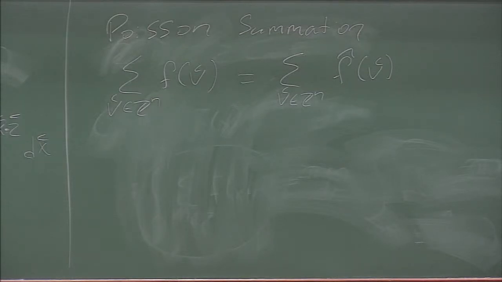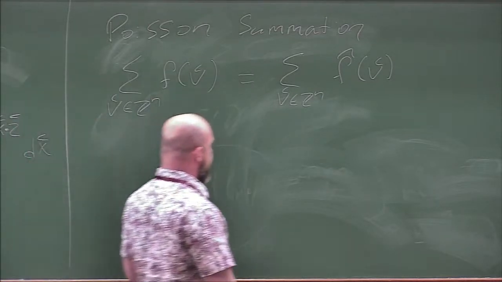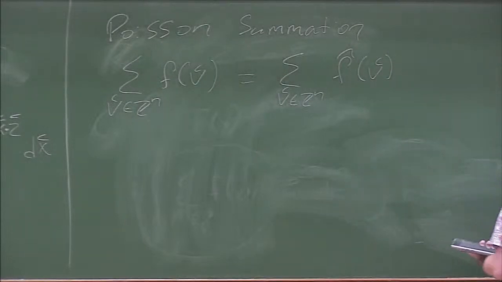Good. So let's take a look at what happens with a Gaussian, adjusting our Gaussian a little bit to handle our more general lattice.